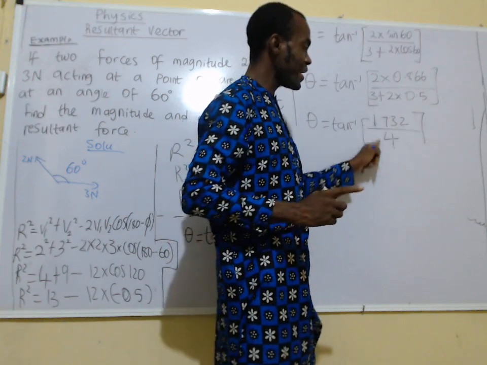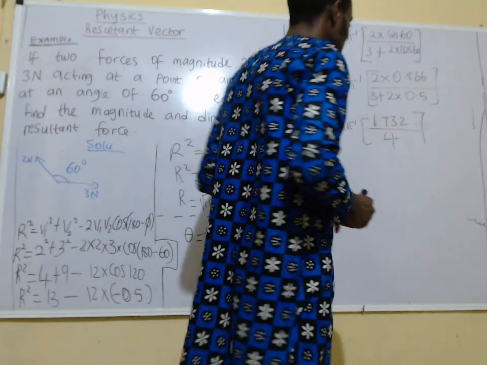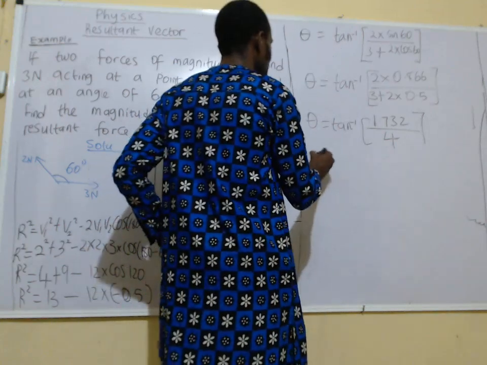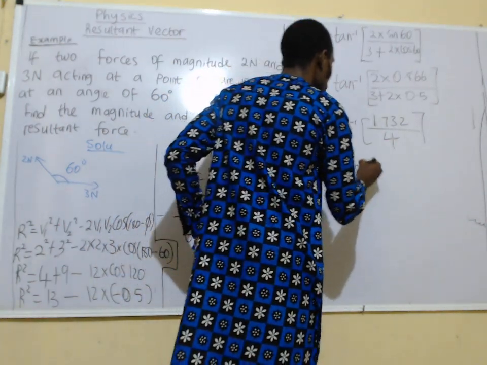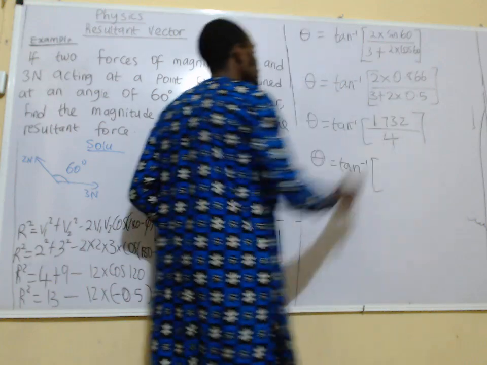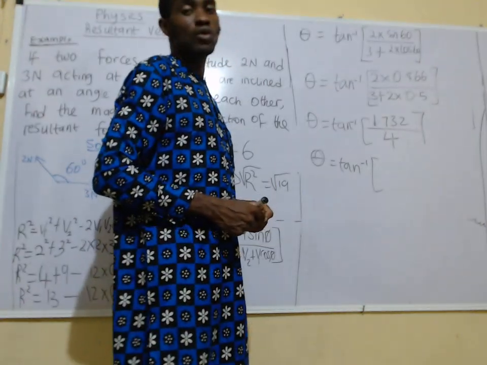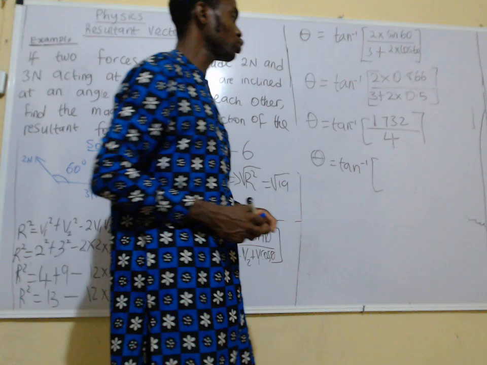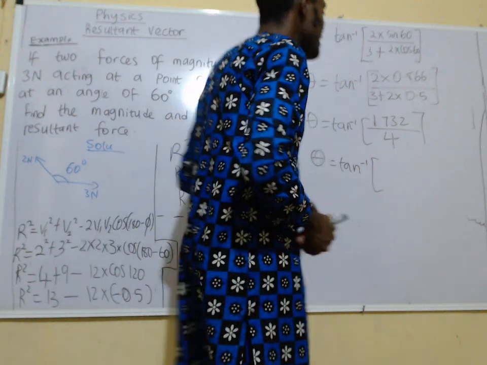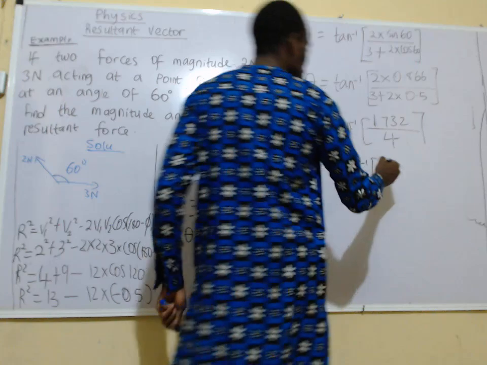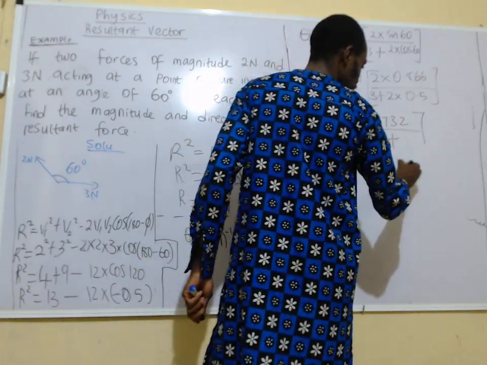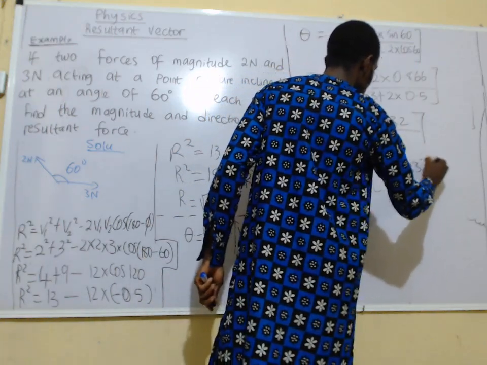So you go ahead to divide this, and before we take the tan, theta is equal to arctan. When you divide 1.732 by 4, you will get 0.433.